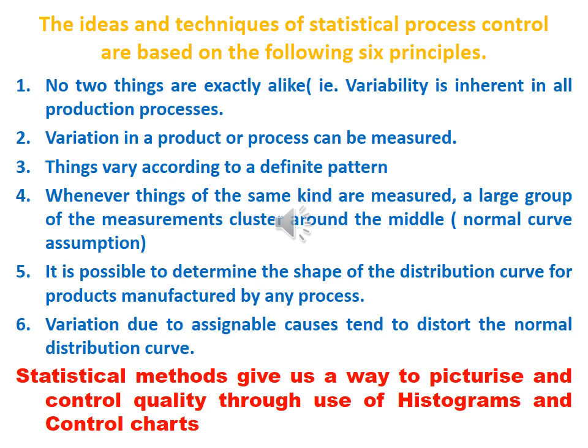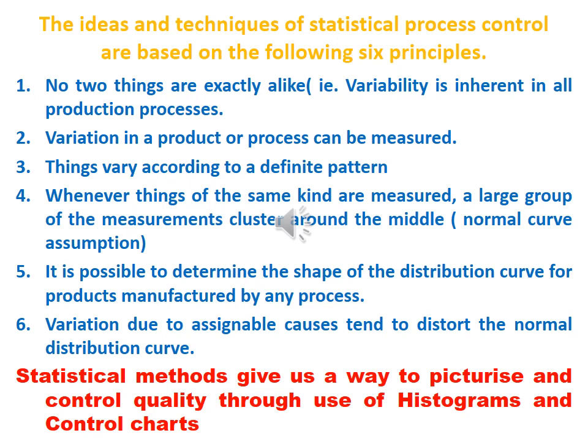The fourth one, whenever things of the same kind are measured, a large group of measurements cluster around the middle, the normal curve assumption. The fifth one, it is possible to determine the shape of the distribution curve for products manufactured by any process. The last one, variations due to assignable cause tend to distort the normal distribution curve.